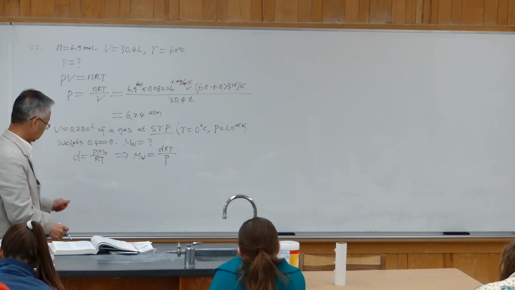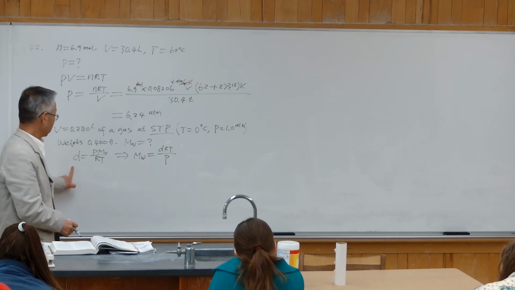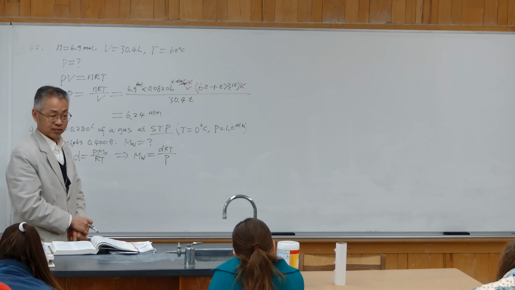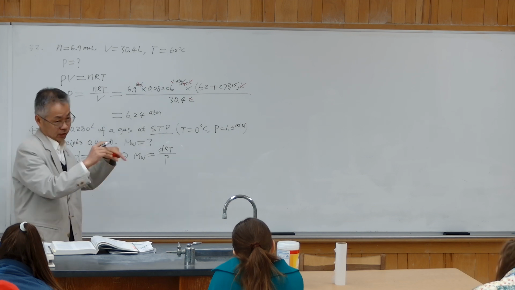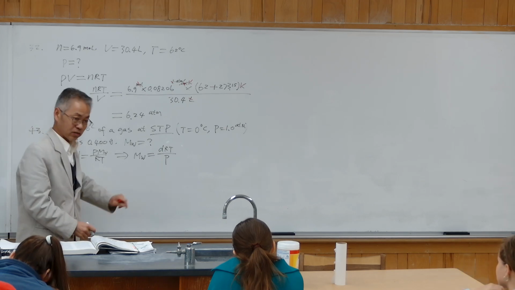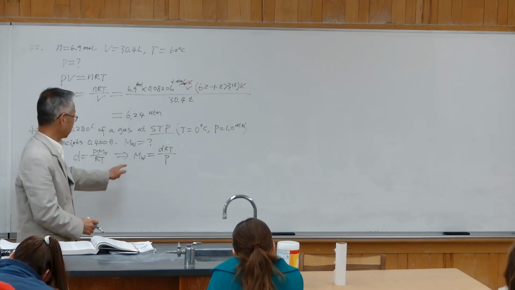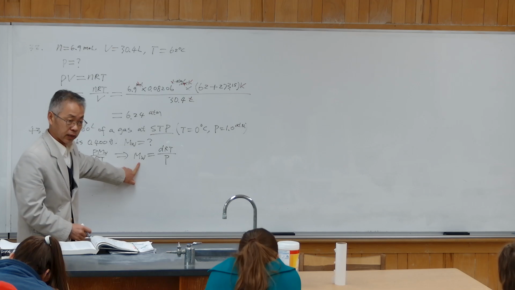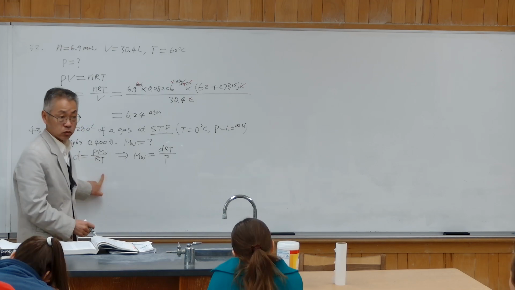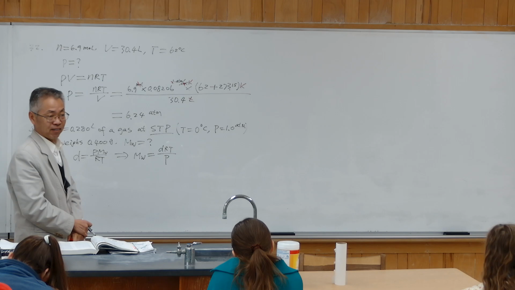So I would suggest you remember one of these. Don't try to remember both, you may confuse. Remember one, you can easily get the other one. Since here asks you molar mass, if you only remember this, then just rearrange it, become this.